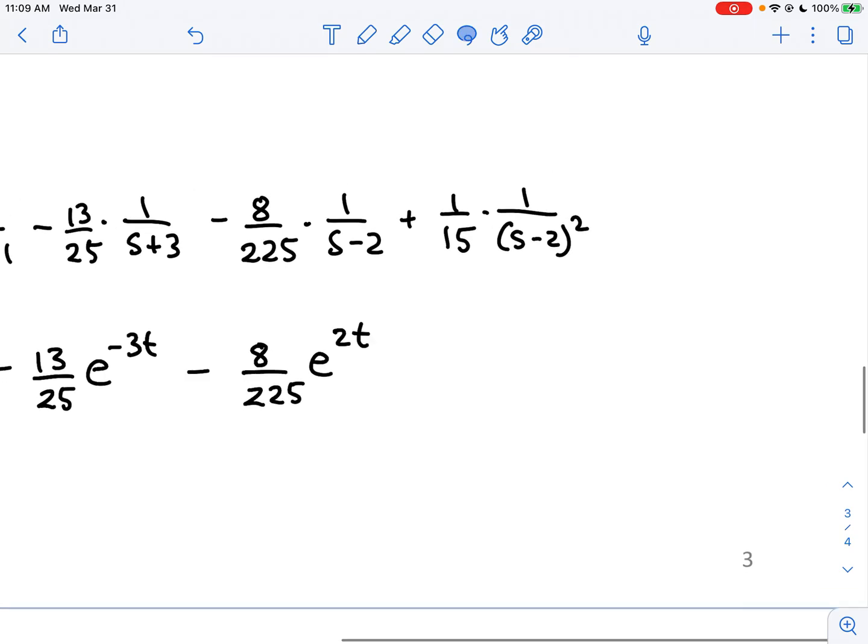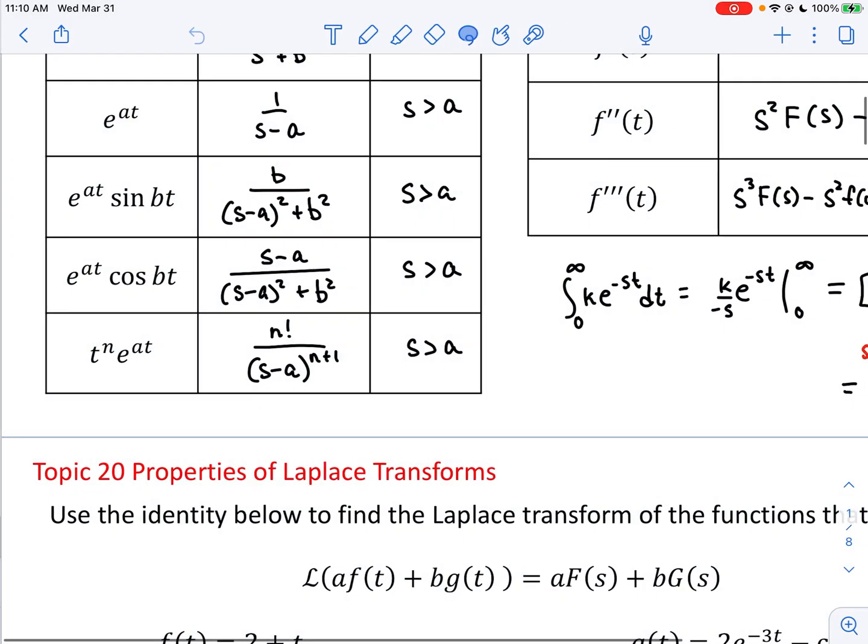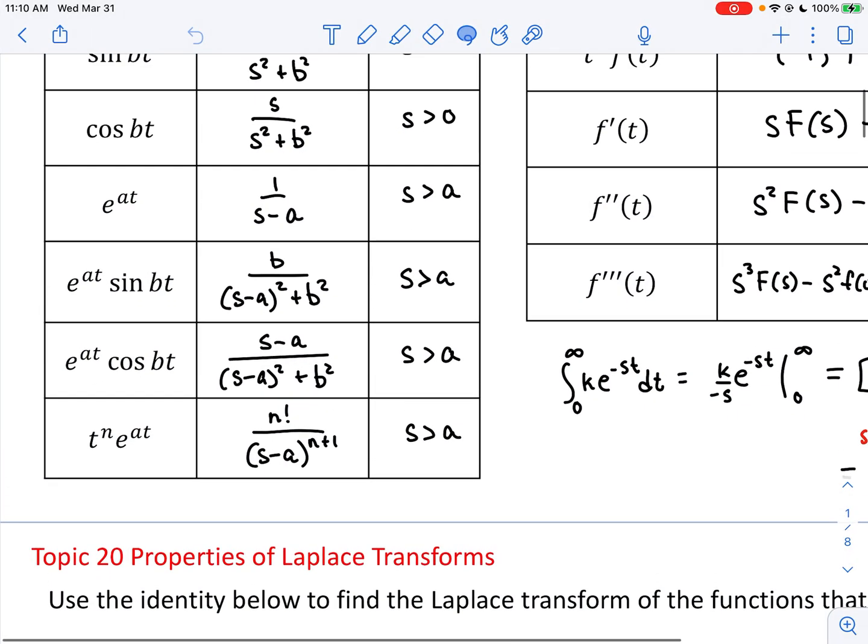And then finally, let's see what we can do with this one here. We want to do the inverse Laplace transform of 1 over s minus 2 squared. All right, let's look at our table. Looks like we're in this realm right here. So we can see that the s minus 2 suggests that a is going to be 2, and we want this to be squared, so n has to be a 1. So we need a 1 factorial up top, which we already have.